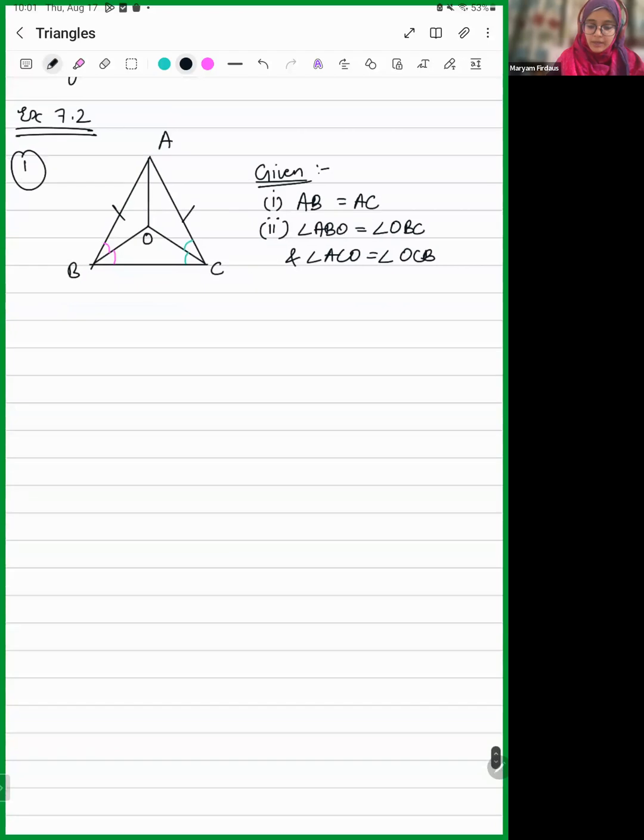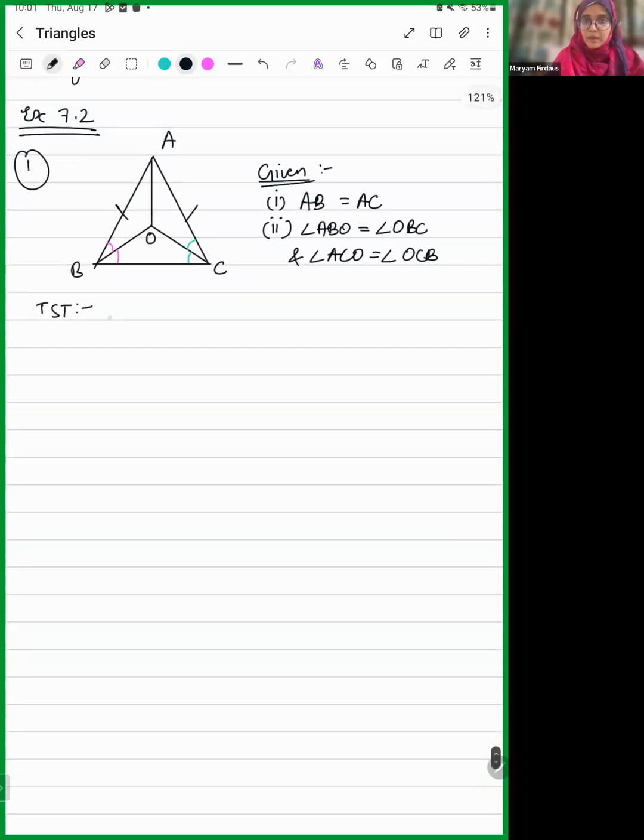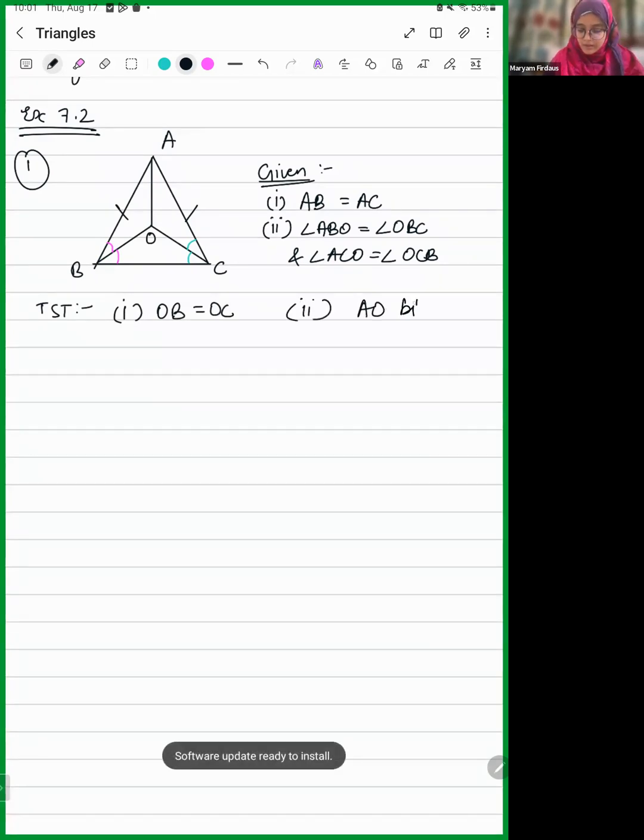Now we have to show that, number one, OB equals OC, and number two, AO bisects angle A. What does this mean? What do we have to show?